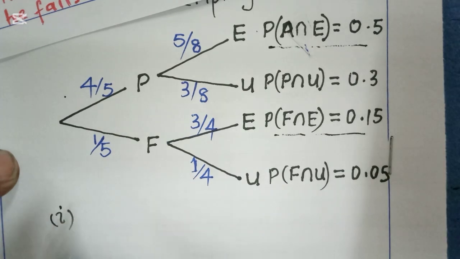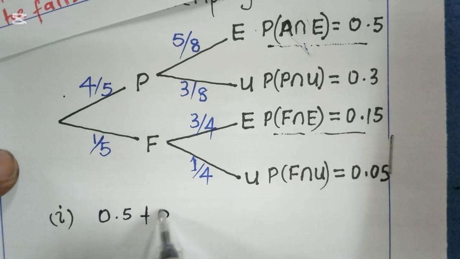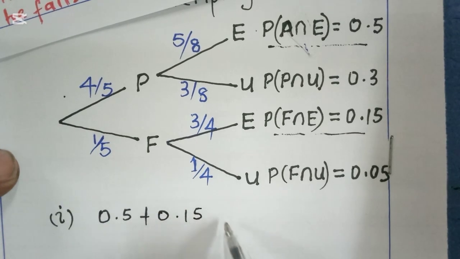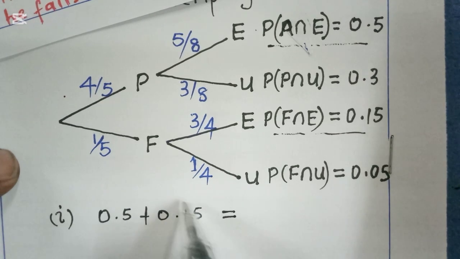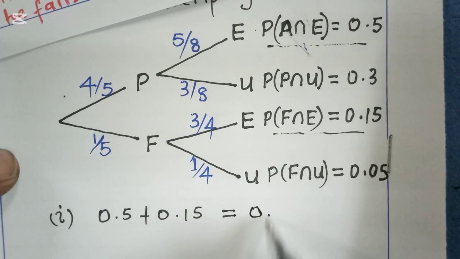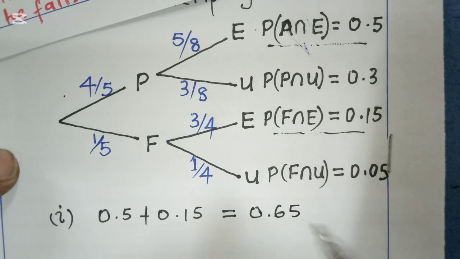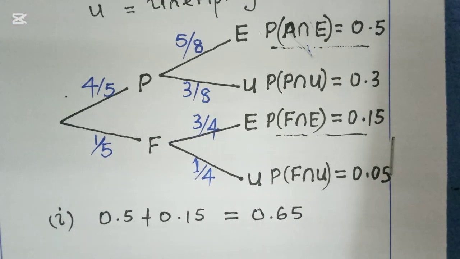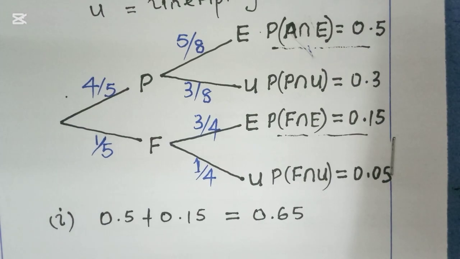So that is going to be 0.5 plus 0.15. So the probability that he is employed is going to be 0.65.